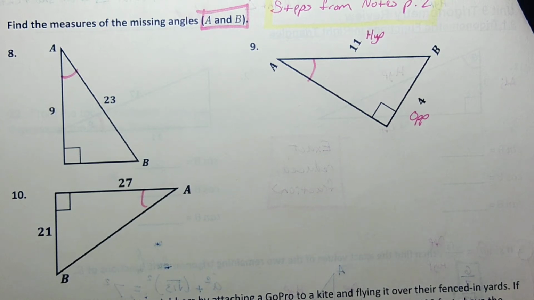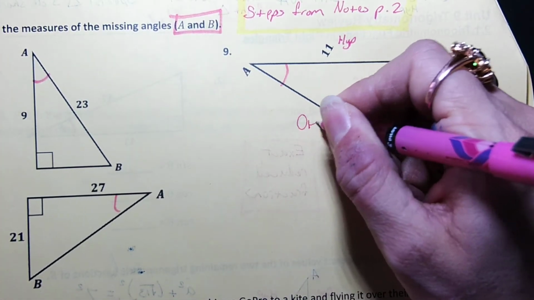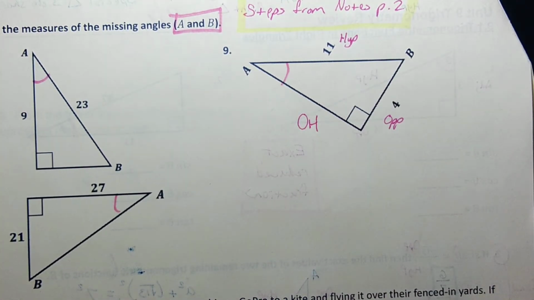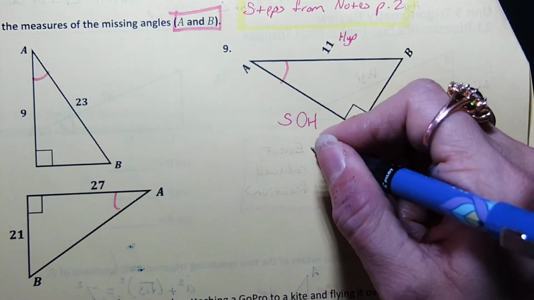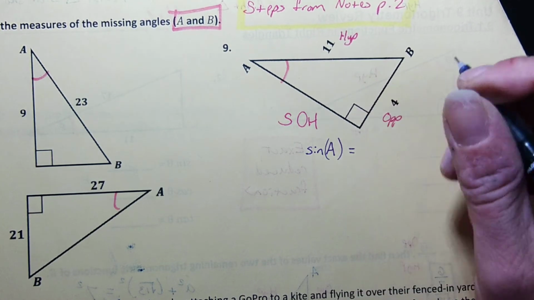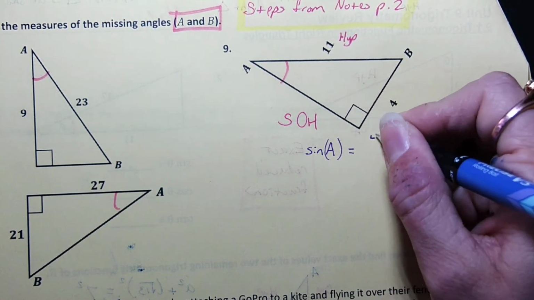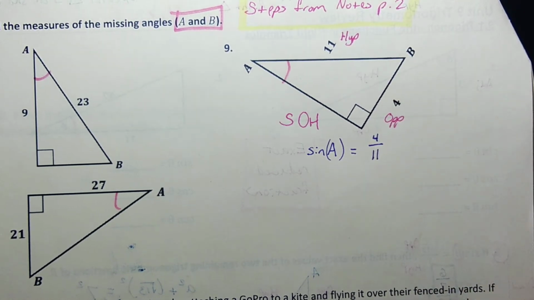So using this given information, what can I do to find A? What trig relationship do we have with O? So, SOH CAH TOA, we've got SOH. So that means sine of the angle equals opposite 4 over hypotenuse 11.